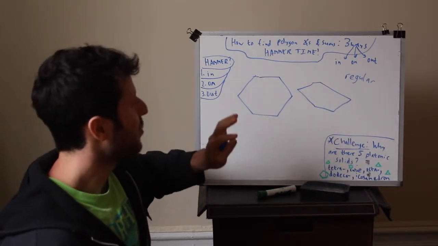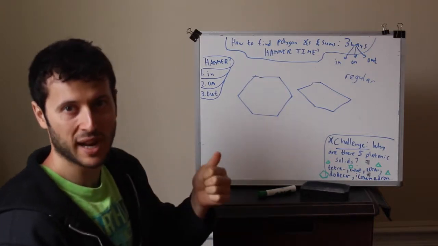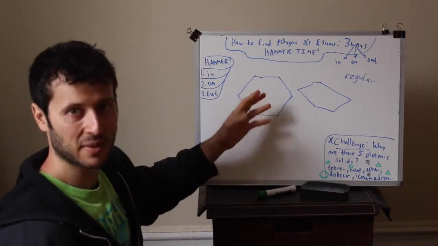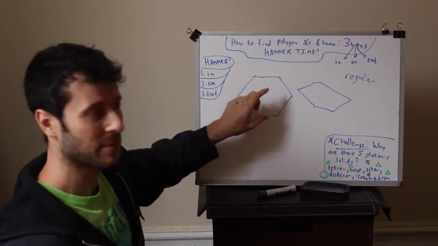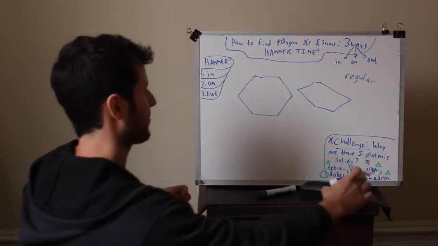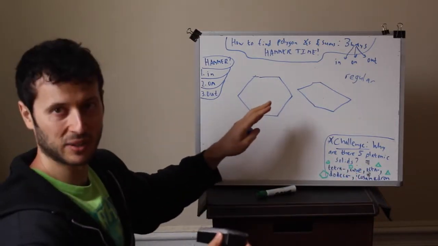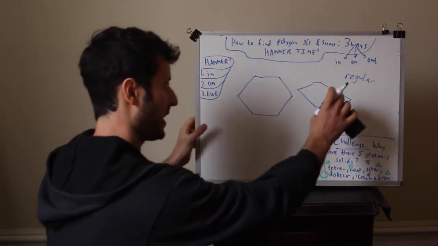So for our purposes, I'm going to assume we either want an individual angle where it's a regular polygon and they're all the same, or we want to find the sum, which is always going to be the same no matter the shape. And we'll see why that's the case. So I'm going to focus mainly on this regular case, but just know you could apply this for the sum to other cases.